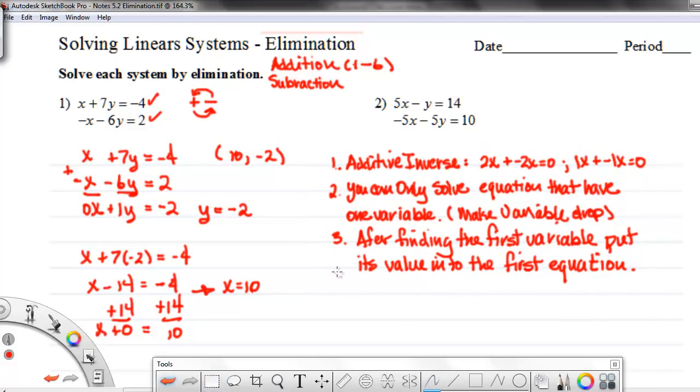And then step number 4 is you want to solve the equation from step number 3. And step number 5 is you want to write the ordered pair.